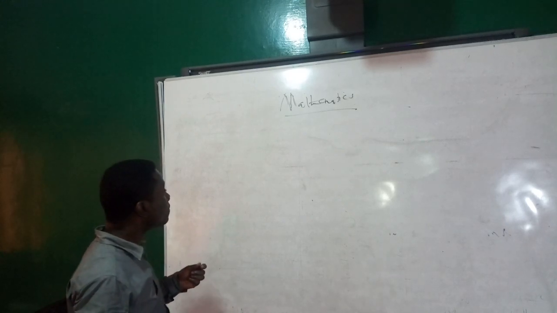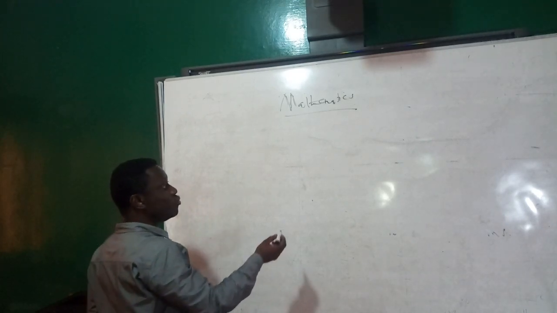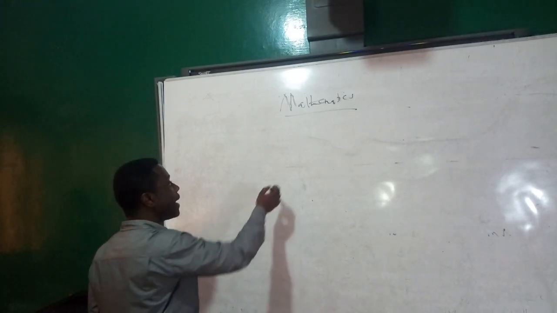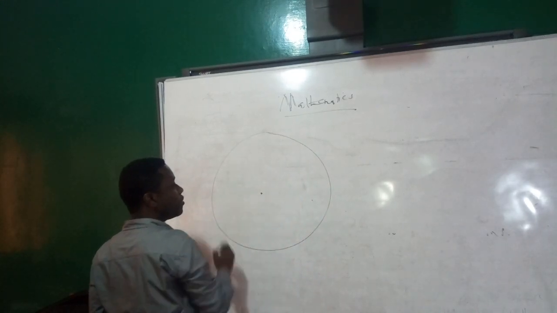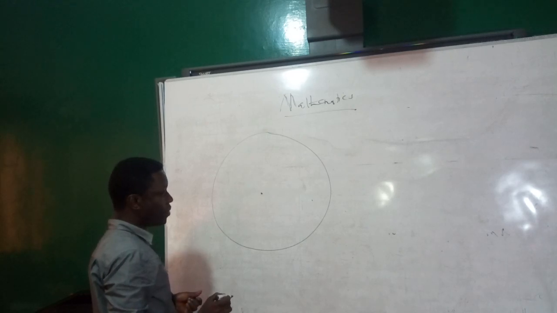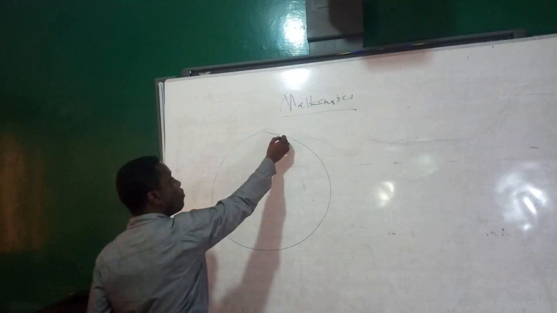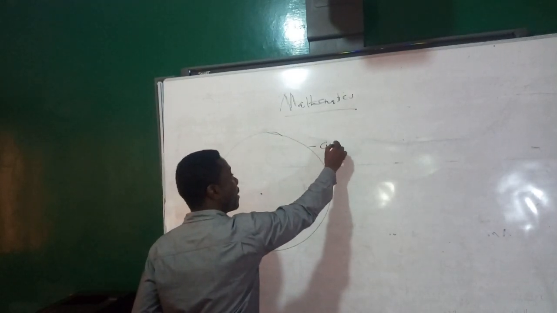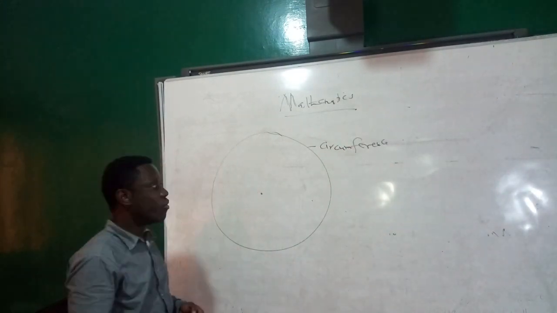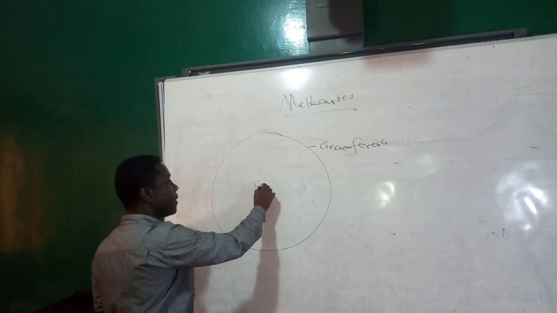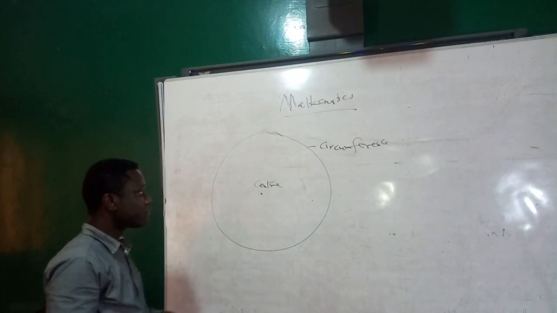Right. So we expect that you should be able to draw your circle and name the parts. For a start, what we have here is what we call the circumference, and this is your center.